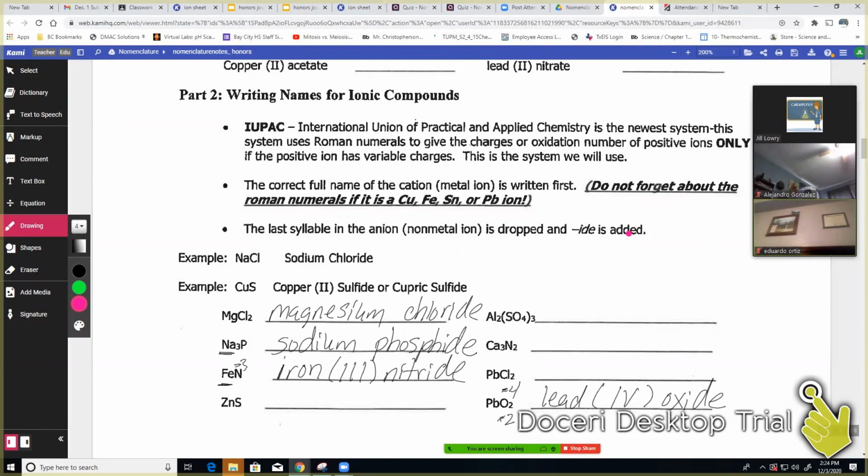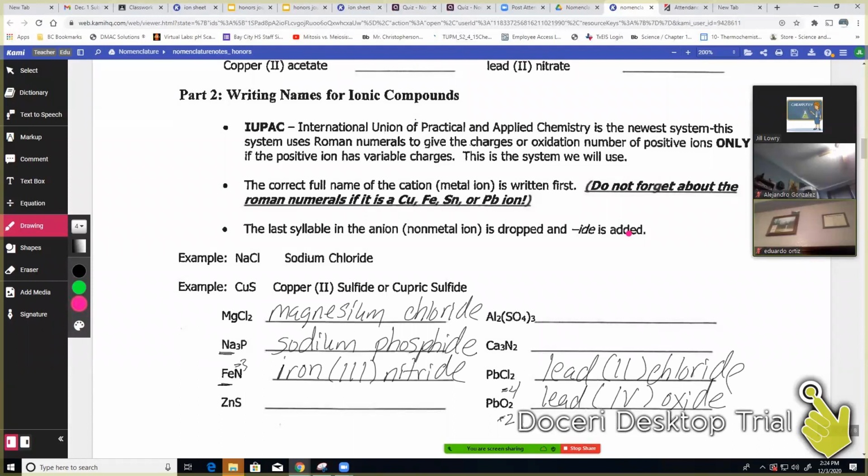Do the one right above it and see what lead you come up with for that one. Would that also have been lead 4? No, it would have been lead what? 2. Perfect.